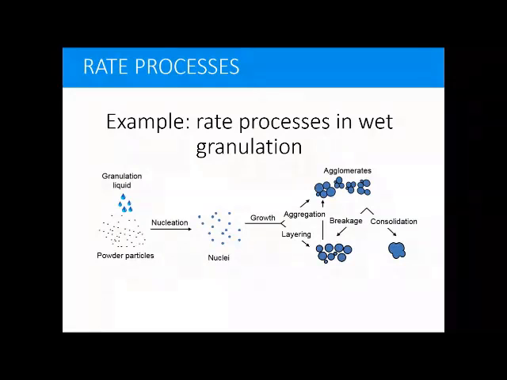A framework or a physical process where this is all combined, and that accidentally our group at Biomath and the pharmacy faculty are modeling, is the wet granulation process, which in general turns a blend of dry powder, with the addition of liquid, into granules, so into clusters of particles that are larger and larger and have a certain size distribution.